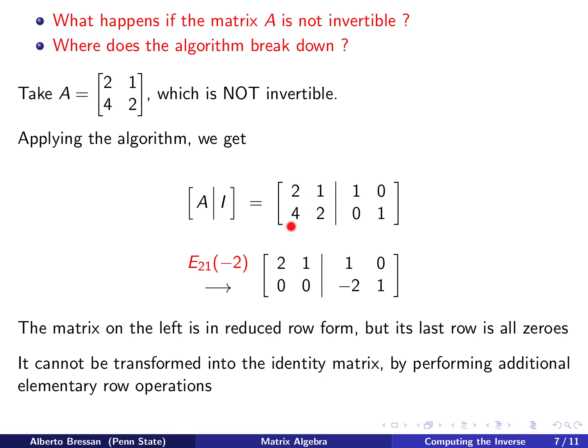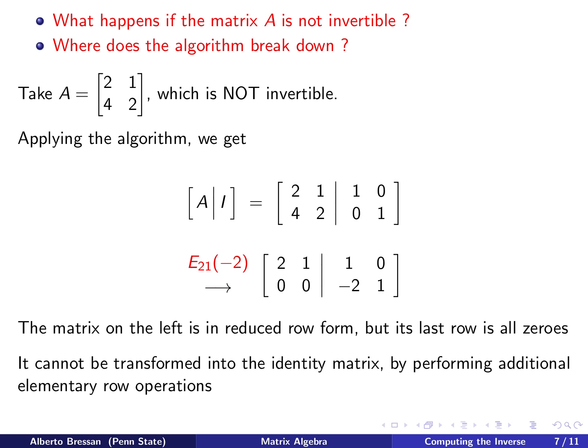Let's try to make this 0. We can add to the second row the row 1 multiplied by -2. Then this is 0. If I do that, -4 cancels, -2 cancels, I get 0, 0, and here I will get a -2. So we reach the state where this left half is in reduced form, but the last row is all 0.